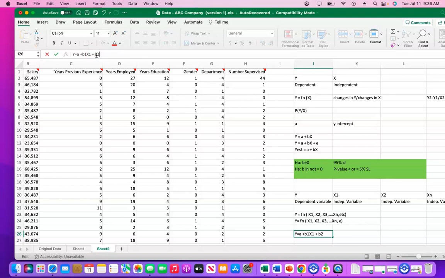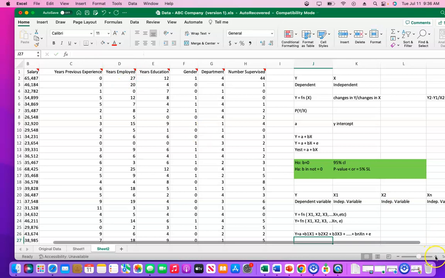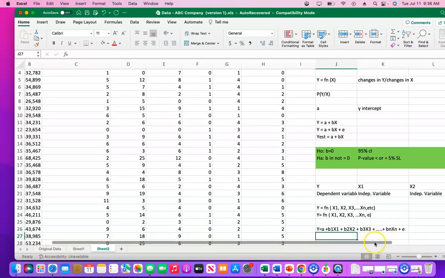We're writing beta 1, beta 2 to differentiate the slope of each variable. And so here we have beta 2 x2 plus beta 3 x3 plus, and then plus beta n xn plus the error term. So that's how we can write our multiple regression analysis model.